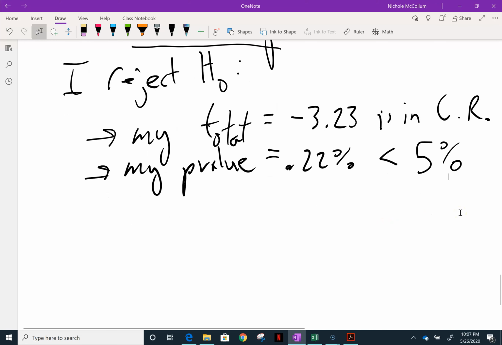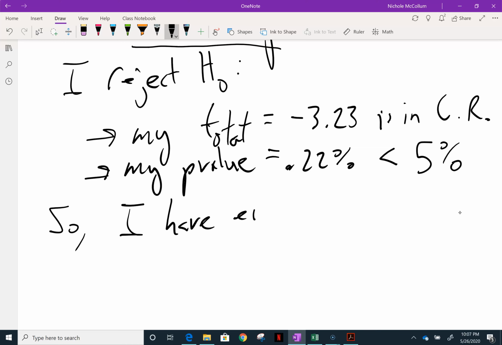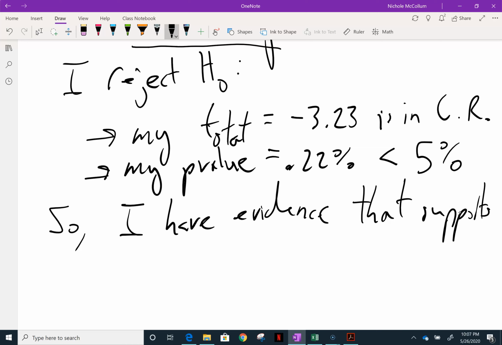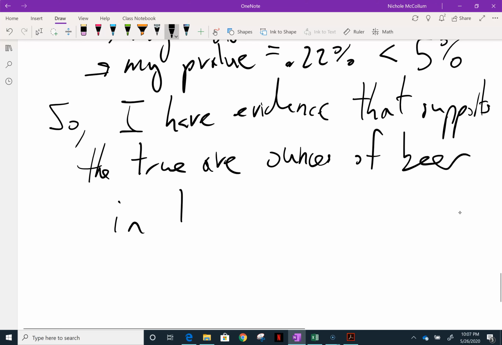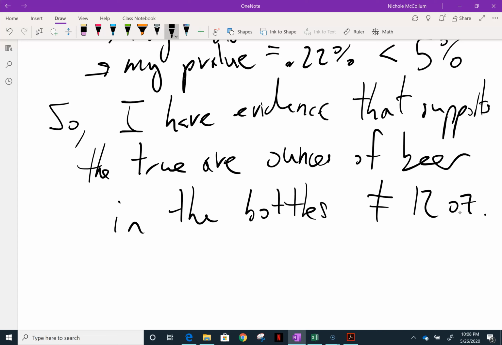What does that mean? So I have evidence. I have evidence that supports the true average ounces of beer in the bottles is not equal to 12 ounces.